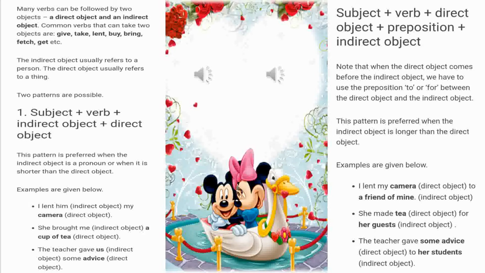Here the indirect object, "her guest," is longer than the direct object "tea," and the preposition "for" is placed between them. Similarly, the third example, the teacher gave some advice to her students. The indirect object is "her students," the direct object is "some advice," and the preposition "to" is placed between them.